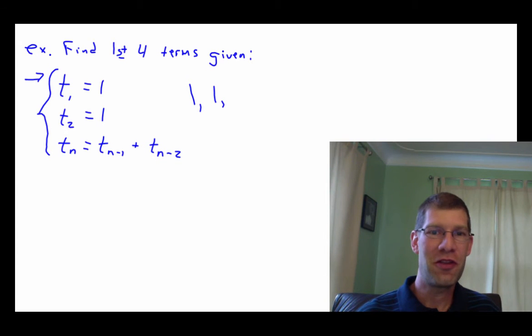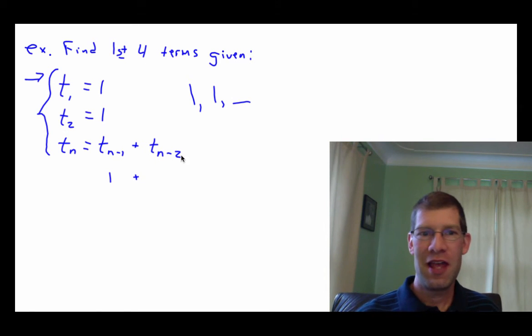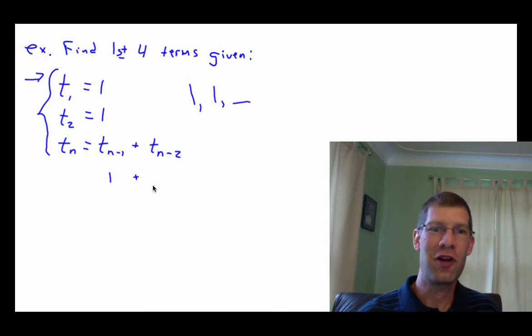So if we're looking for the third term, well, we take the 1 before it. So for T sub 3, this is going to be a 1 plus. Well, if n minus 1 takes you back 1 term, n minus 2 takes you back 2 terms. So T sub n minus 2 is going to be this first one right there. If you're talking about the third term, it's 2 before it. So 1 plus 1 gives you a 2.